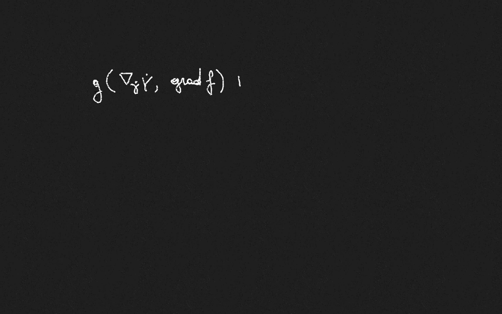So in general, the last part is something like the scalar product between the covariant acceleration of gamma and the gradient of f, and the other term we already have.